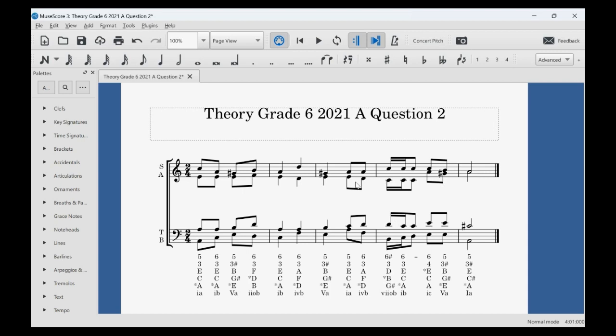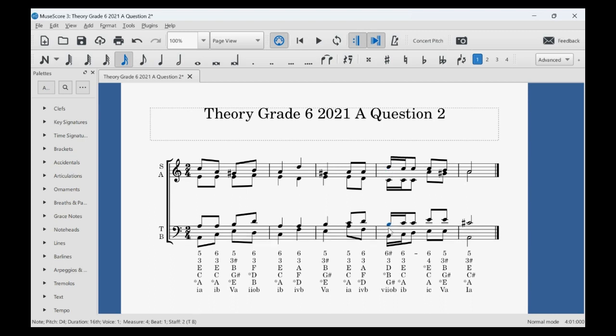So we have the D, G sharp, B. We can't have this as a B anymore. If we have a G sharp here, G sharp, B, D.